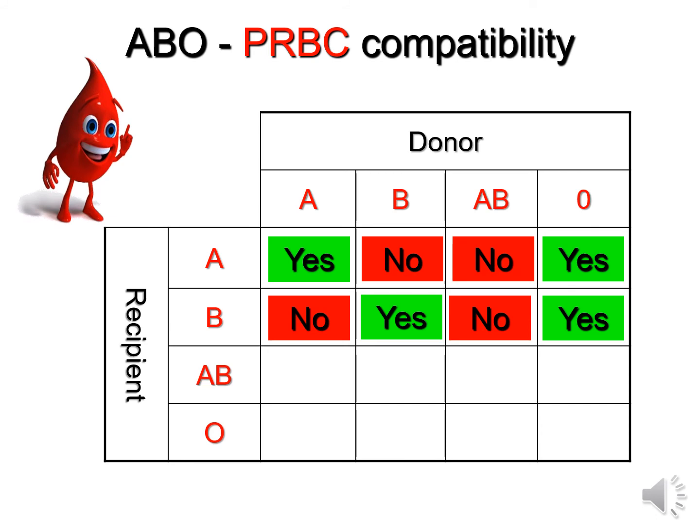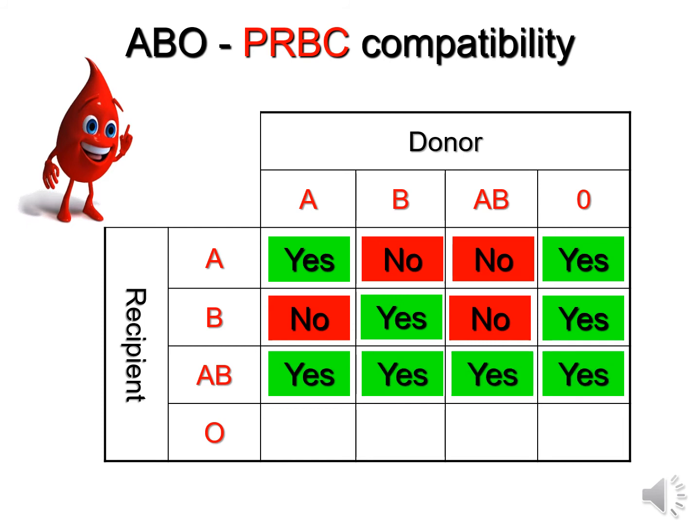What about the AB recipient? Well, A can go to AB, B can go to AB, AB can go to AB, and O can go to AB. So AB is the universal recipient.